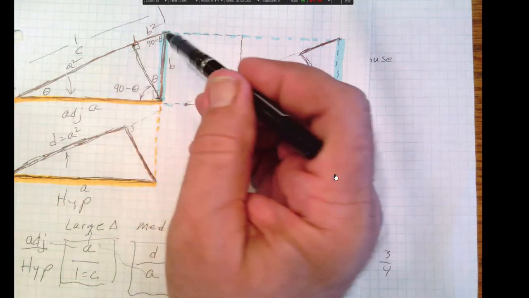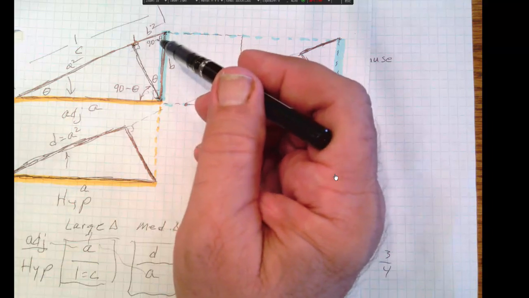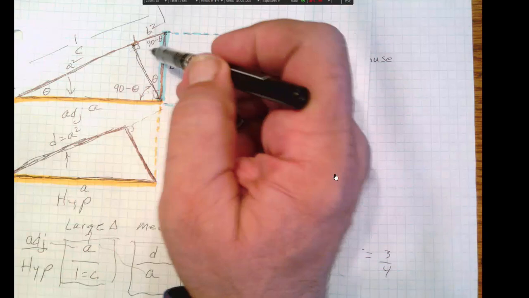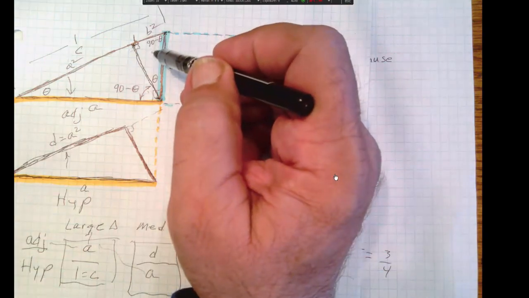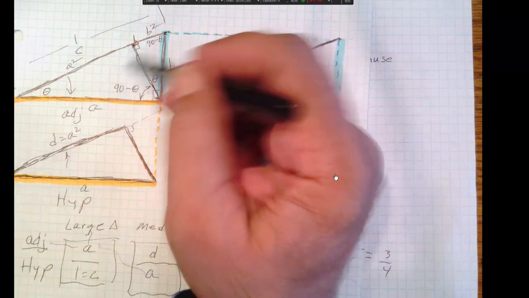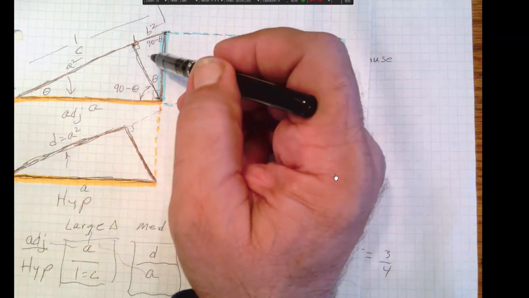Now, two very interesting things have happened here by the act of doing that. We've got two more triangles, and I represent that they're similar triangles.